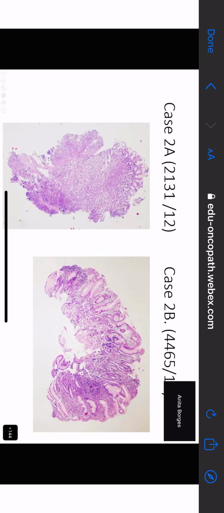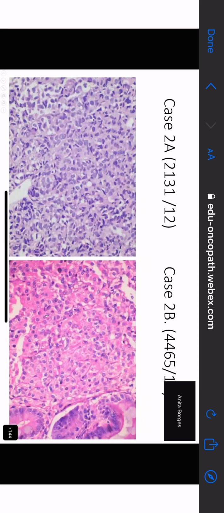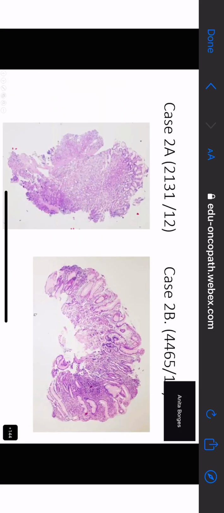But what you can see, the muscularis mucosae should be somewhere around here. And you see these very long pits. That means the foveolar epithelium goes all the way down. Not only that, it is branched. You can see branching, which tells you that this is antral mucosa.